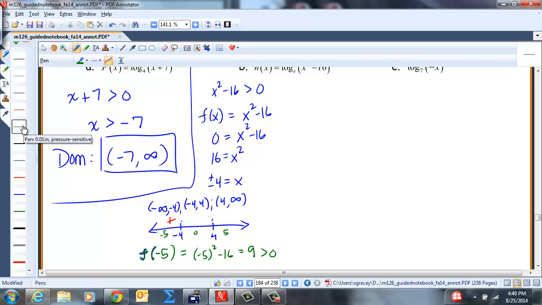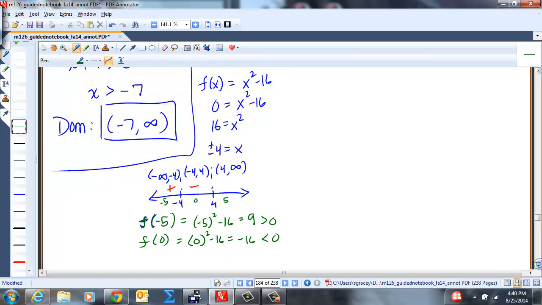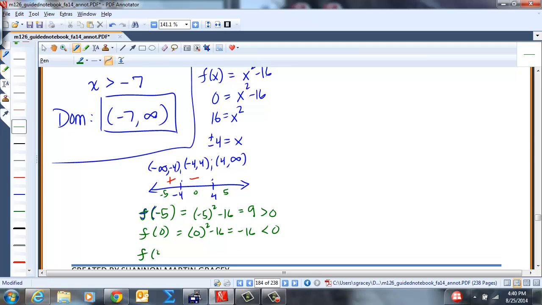And then f evaluated at 0 will be 0 squared minus 16, which is -16, which is less than 0. And f at 5 will be the same as f at -5, so we'll get a positive.